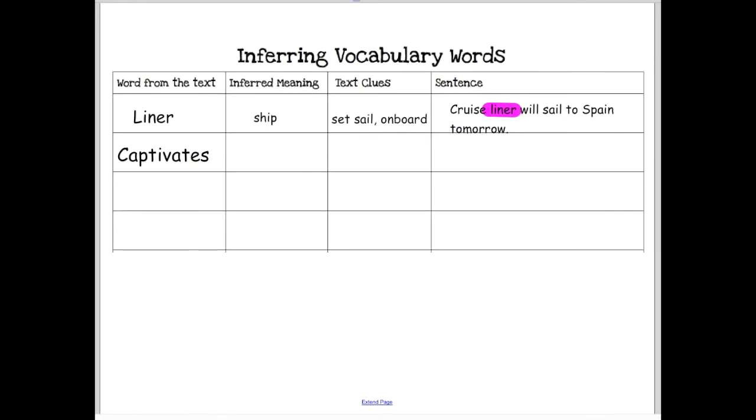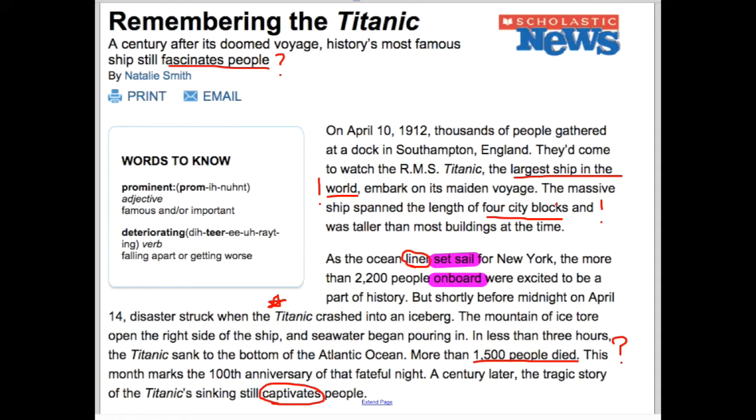So, first of all, I'm going to put my inferred meaning in here, fascinates. I know I'm fascinated by it. Okay, and my text clues were still captivates people and still fascinates people, because the fact that it was said just almost exactly the same, that was my text clues right there.